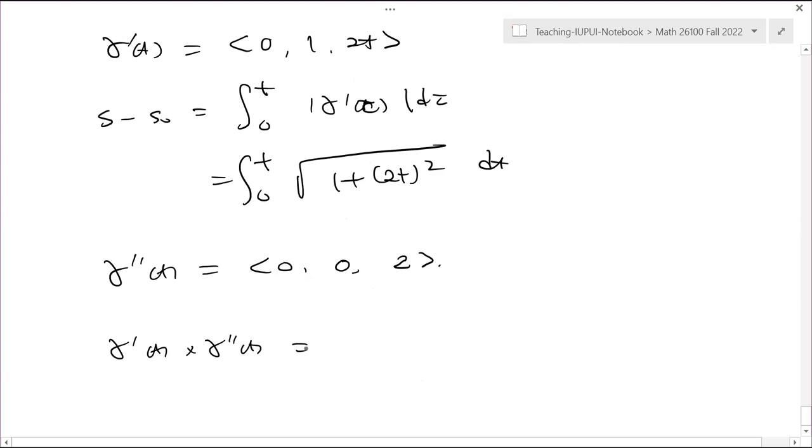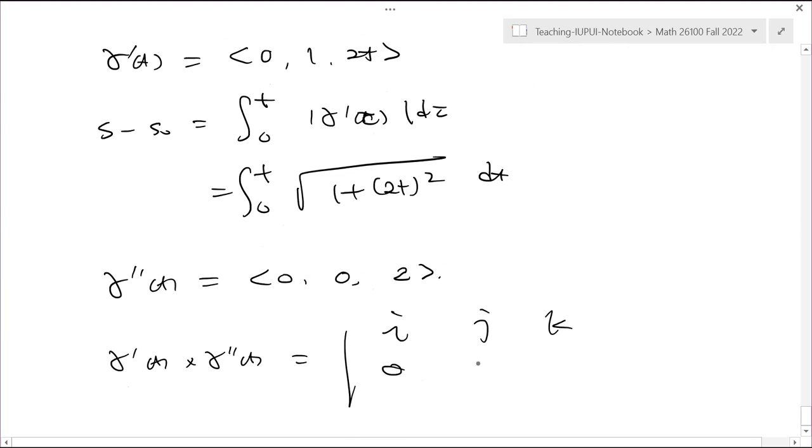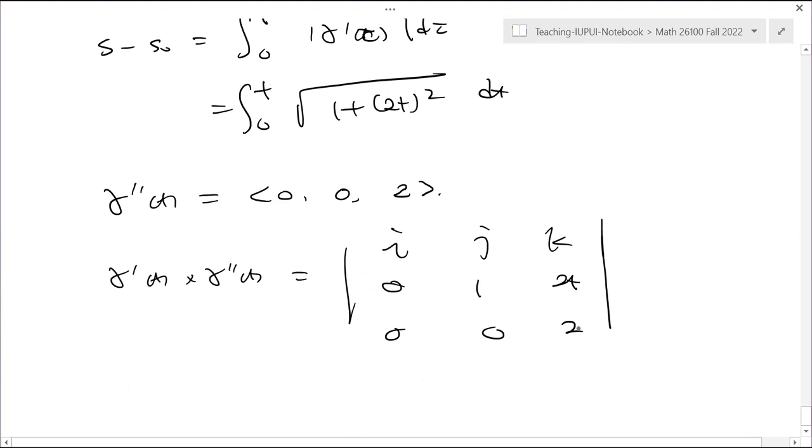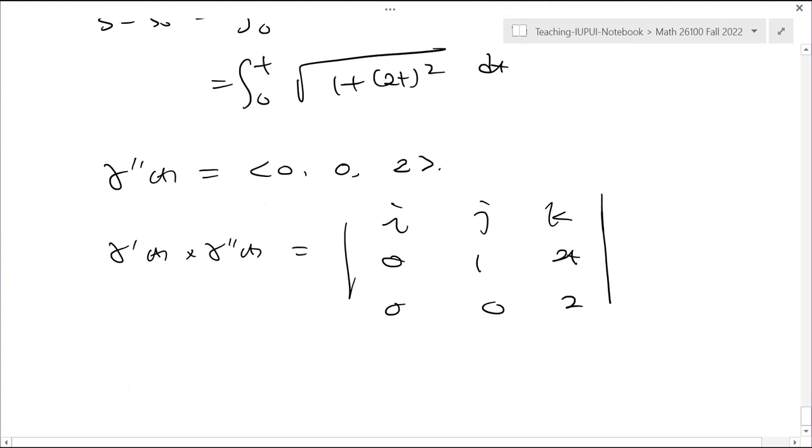Okay, if you do this, it is going to be very quick. The cross product is going to be i, j, k, 0, 1, 2t, 0, 0, 2.